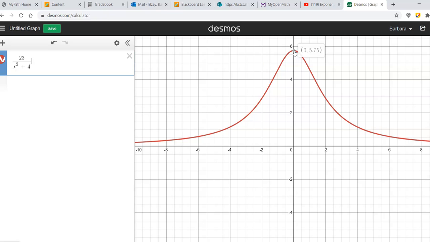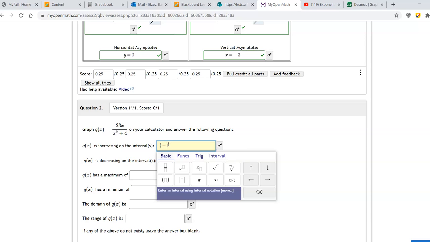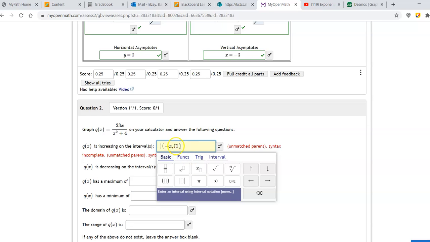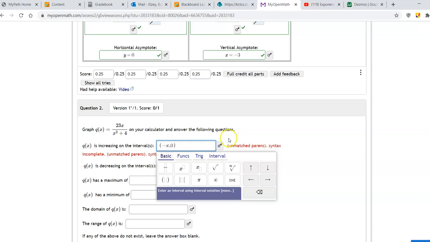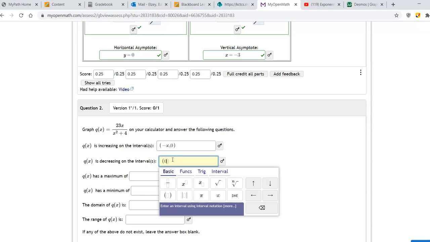So it's increasing from negative infinity out here to 0. Remember, you list your increasing and decreasing by the x values, not by the y values. And somehow I got an extra parenthesis in there. And then it's decreasing from 0 to infinity, the other half of the graph.